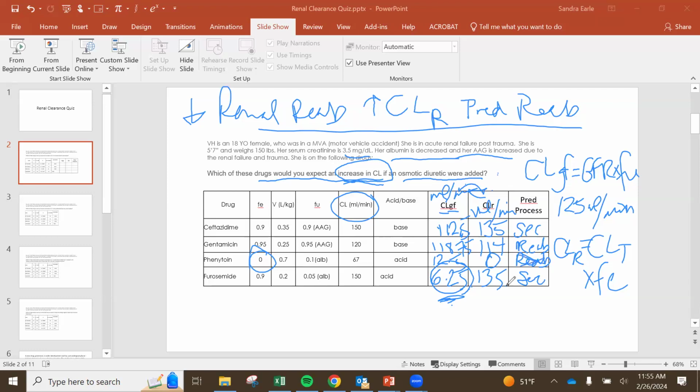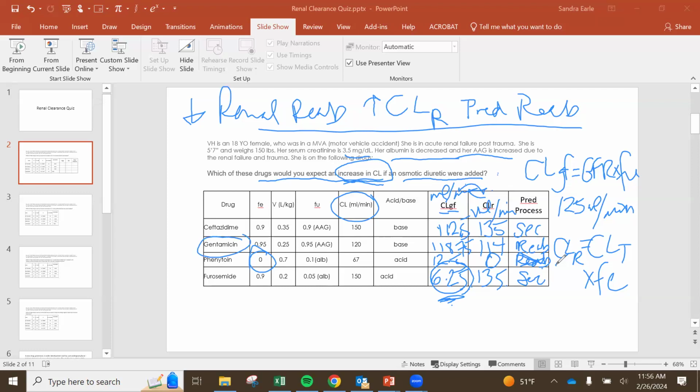And this reabsorption, well, I guess we could give credit for phenytoin, but really there's no renal clearance there. So it really should be ceftazidime and maybe phenytoin, but wait a minute, what are we looking for here? Which of these drugs? So the only one is gentamicin, right?